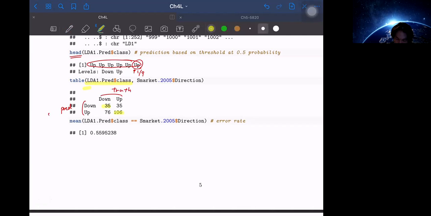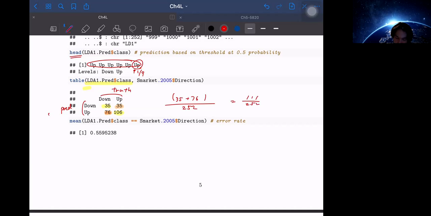So in total, we have 141 correct predictions, and we have the 111 failures. So 35 plus 76 over the summation. The summation is 252 last time. So this is 111 over 252.